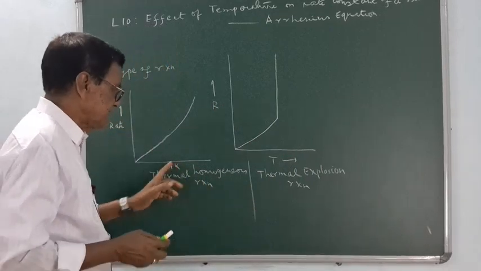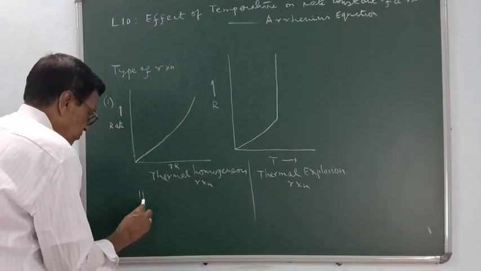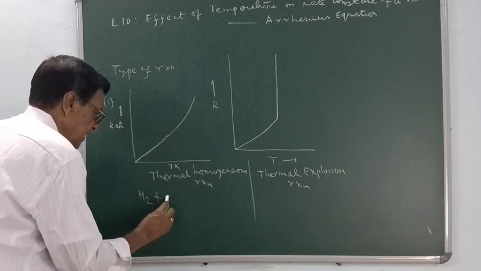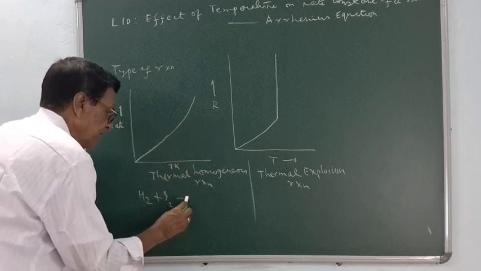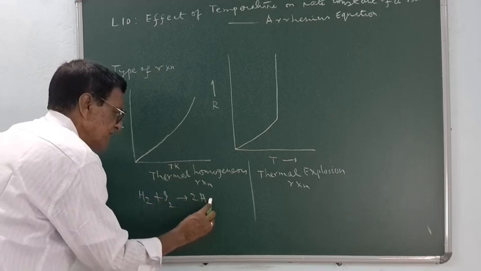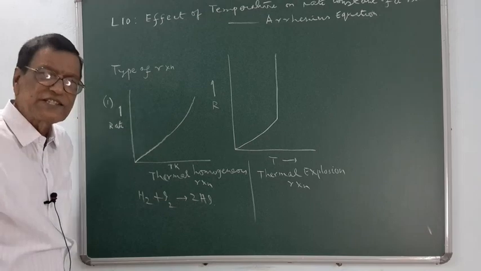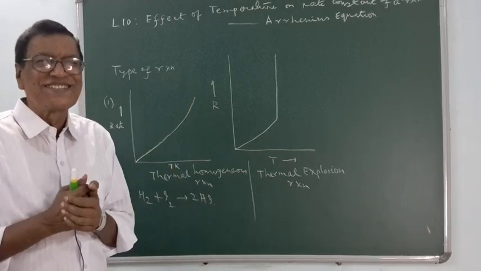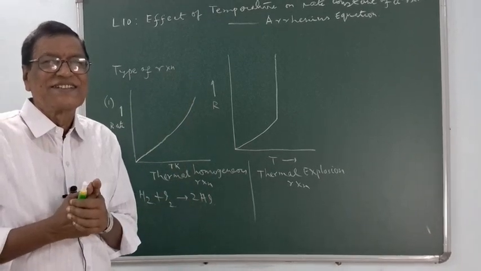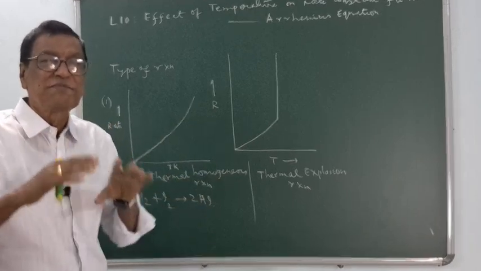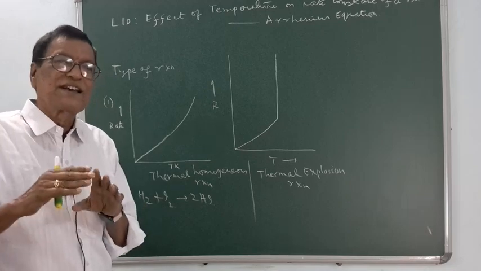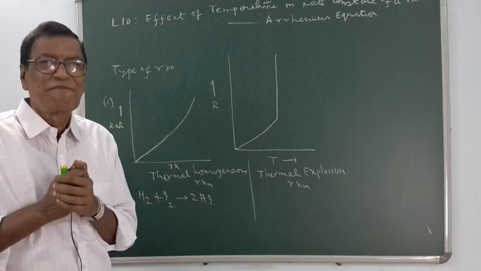Here the example is hydrogen plus iodine giving you twice HI. All are in the gaseous phase, homogeneous thermal reactions, all are homogeneous, meaning all the reactants and products are in the same phase.